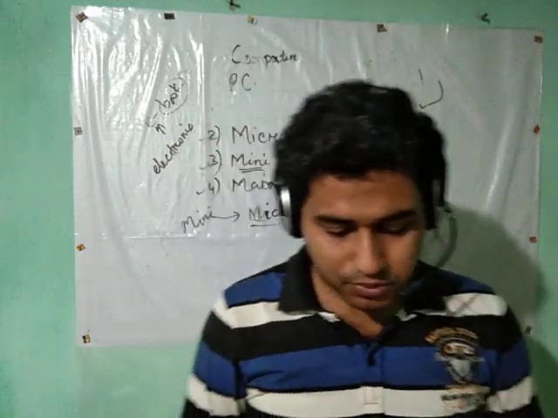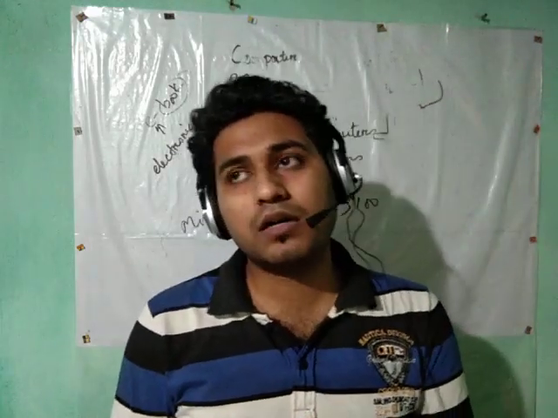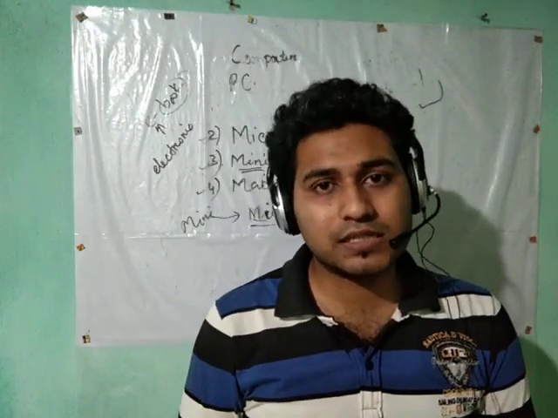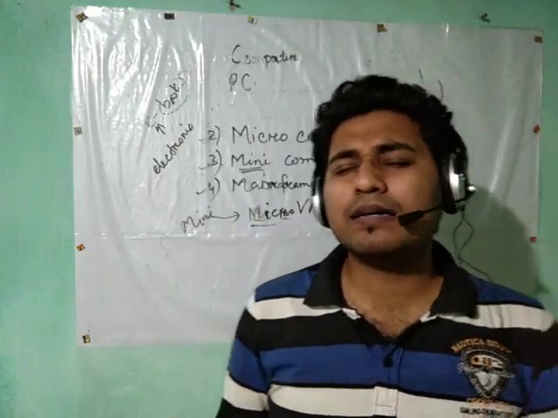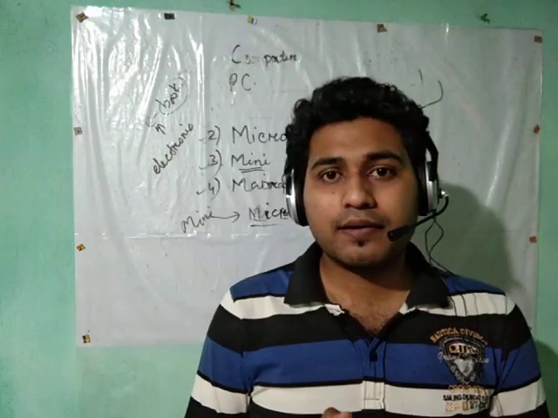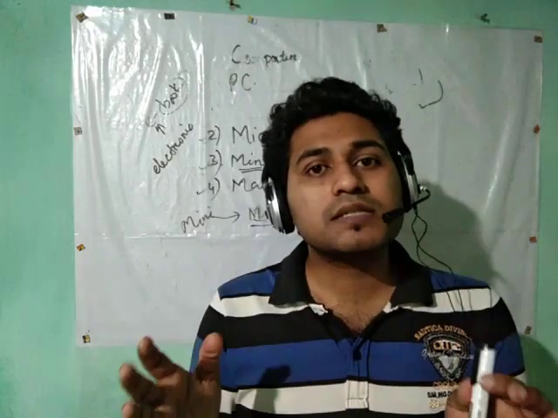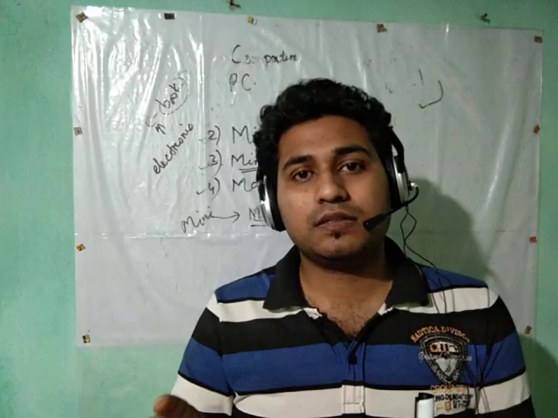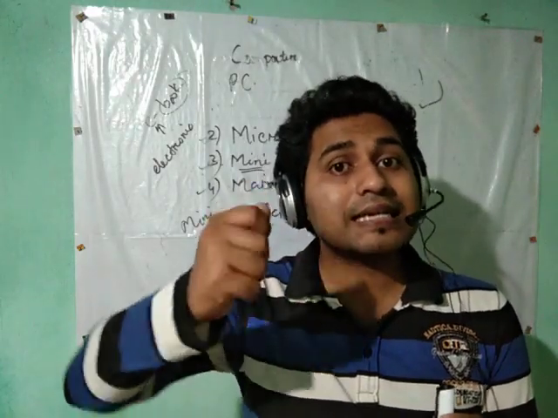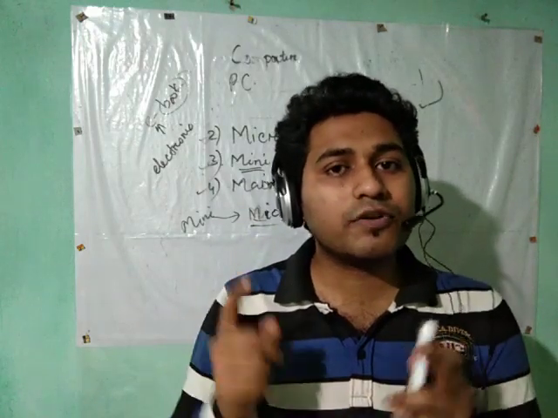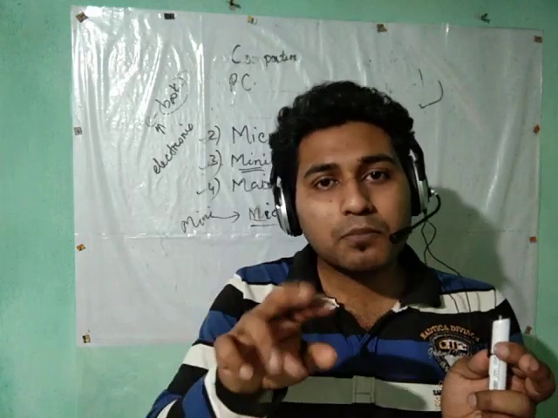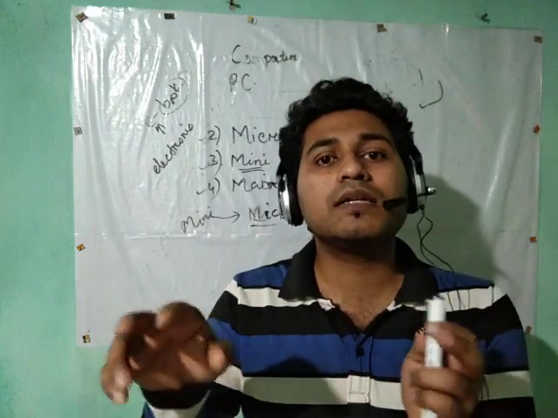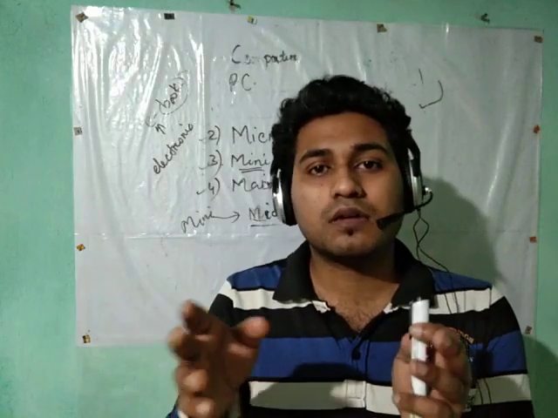These are the computers which are normally used by organizations, such as banks, IBM, government offices, airlines, railways, where lots of persons need to operate a single system. That means one server will be there and lots of users will be entering data through their individual terminals. I hope you got it.